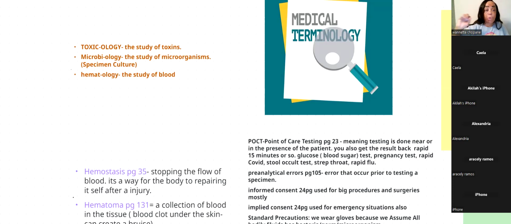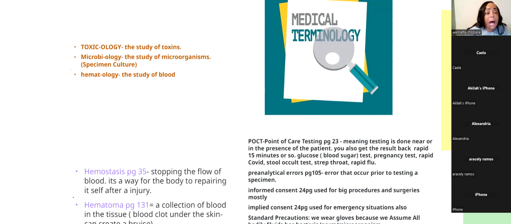It sat there, grew underneath the light, underneath the microscope, whatever the lab does, for 24 to 48 hours. Then it was able to be resulted to tell the doctor that, yes, Miss Chopin does have strep throat, and that, yes, amoxicillin will help her. So she needs to continue taking that.